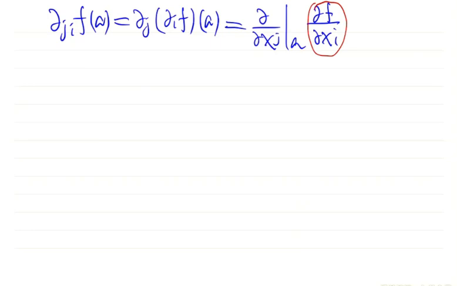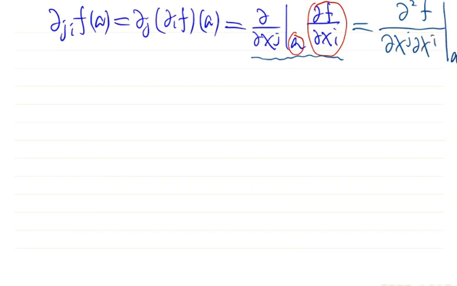Then we take the derivative with respect to xj of the partial derivative function at this point a. This notation is classical. We also write this in another form at the point a. These are the latter two notations. The last one is classical, but it is more convenient to use the first two notations, in particular the first one.